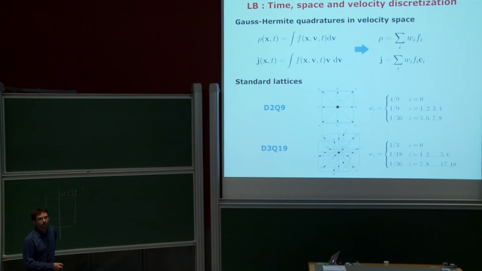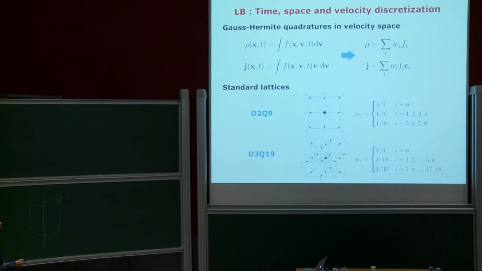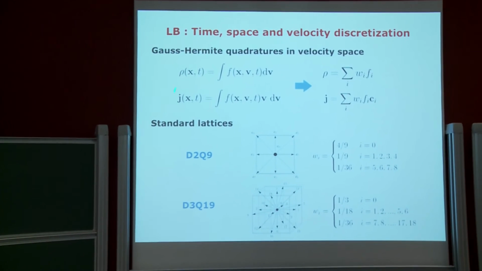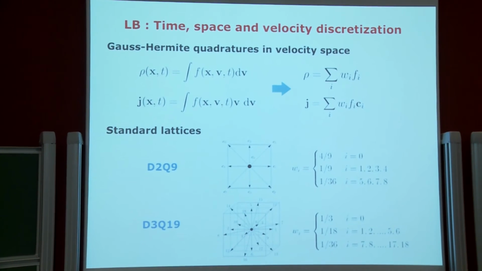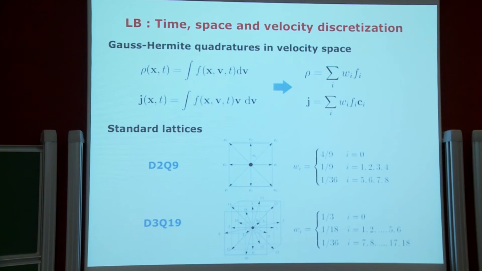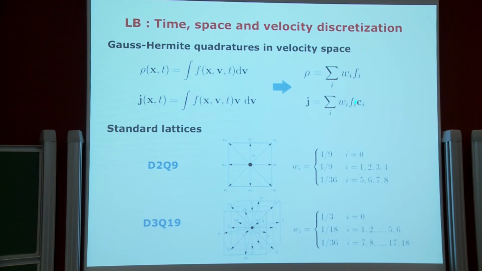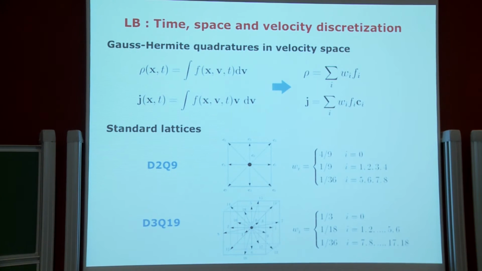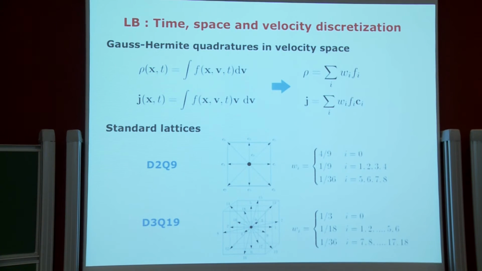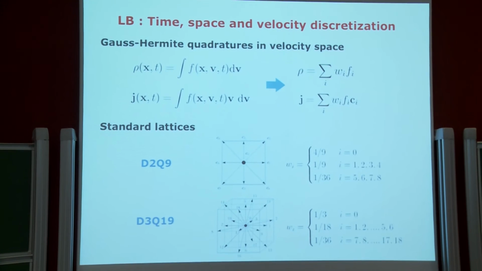So how does that work? Again, you want to compute exactly continuous integrals for a continuous velocity space by a discrete sum. And the way you do this mathematically in general is by using quadratures, numerical quadratures.